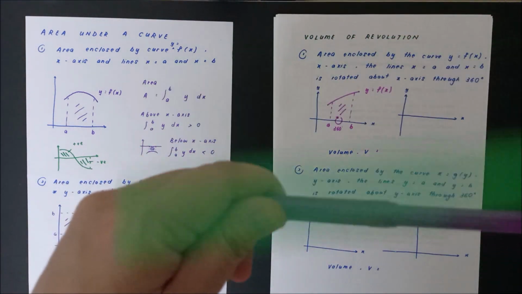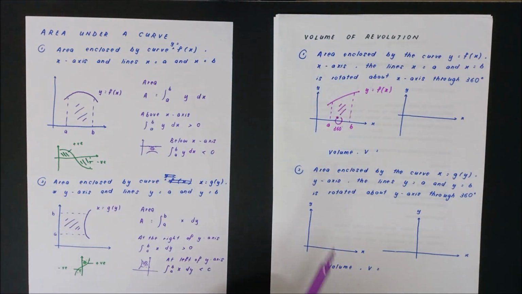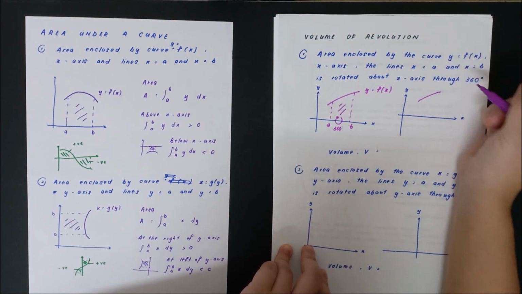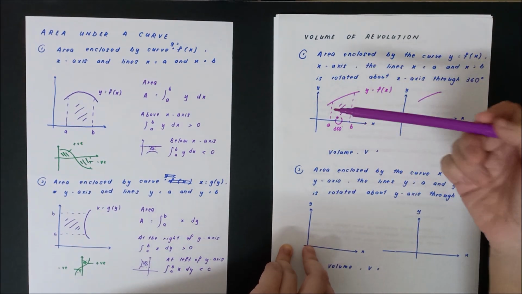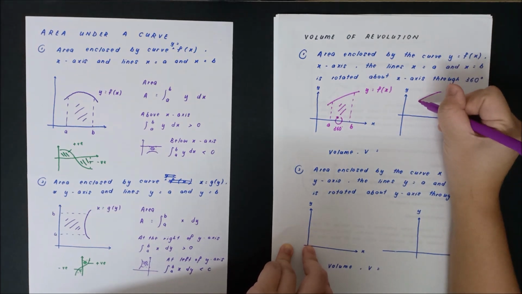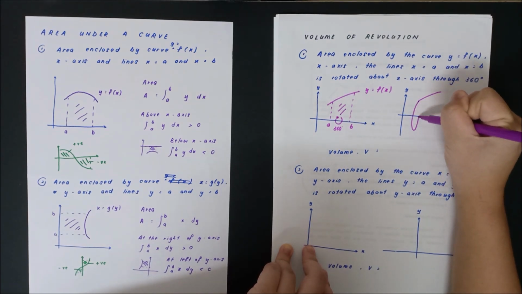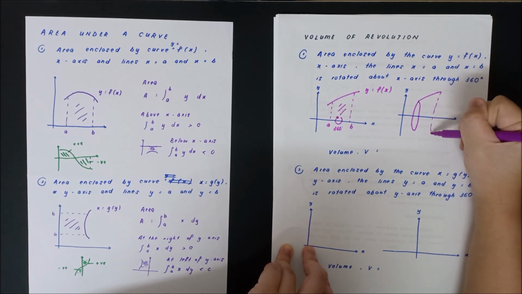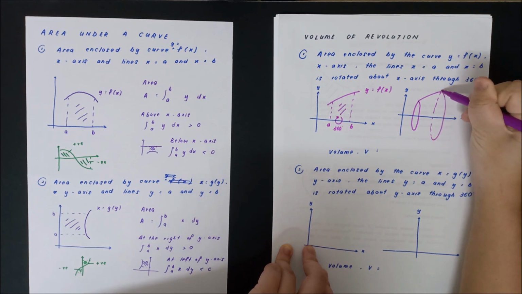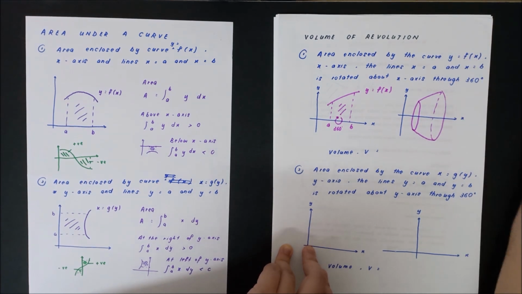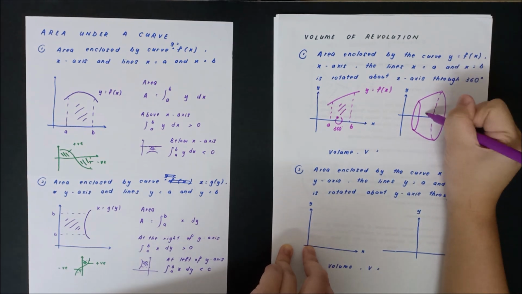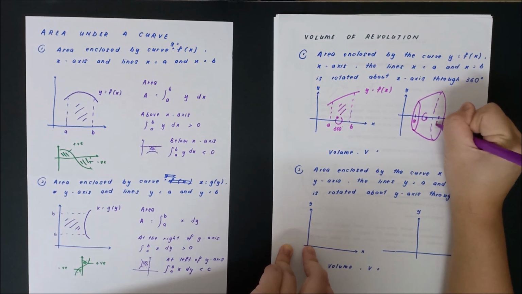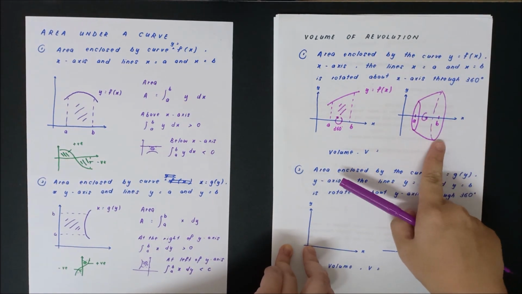This thing is going to rotate about the x-axis, and the same thing happens here. So this will be my a, then this will be my b. After I rotate, I will be getting something like this.